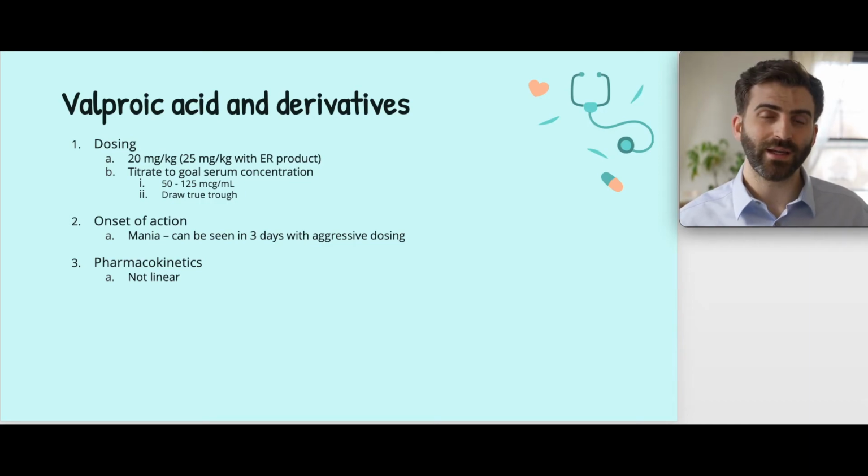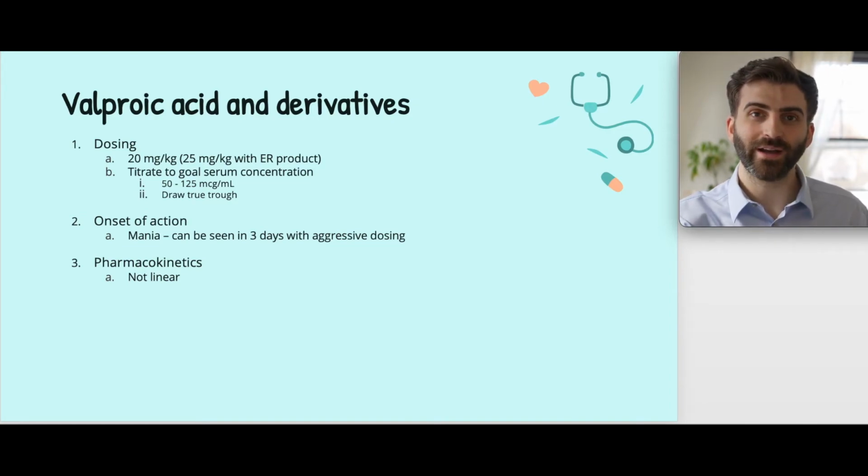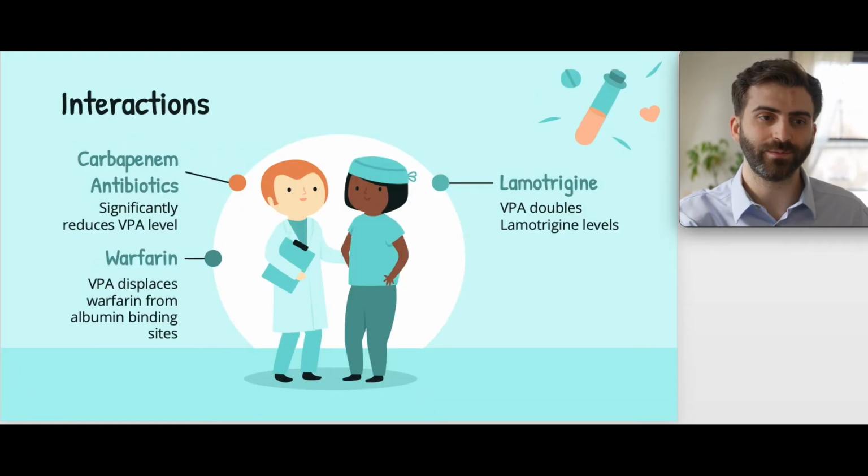The effects on mania can be seen quite quickly, within 3 days, which is a little faster than lithium. Its pharmacokinetics are not linear, so you can't double the dose to expect a doubling in the concentration. You have to be a little more cautious. Its interactions can be seen here. The most significant one I wanted to highlight was carbapenem antibiotics, for example, meropenem.